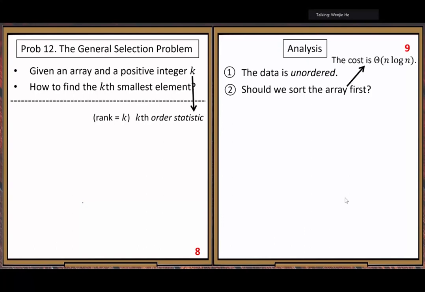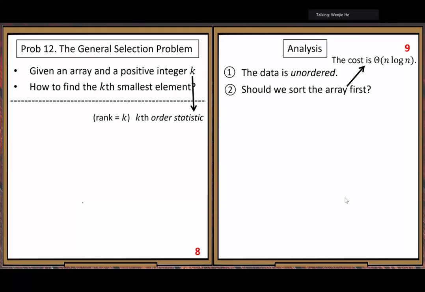When we do the sorting, the number of comparisons we need is big theta of n log n. In our part C and part D, we will study n log n sorting algorithms.